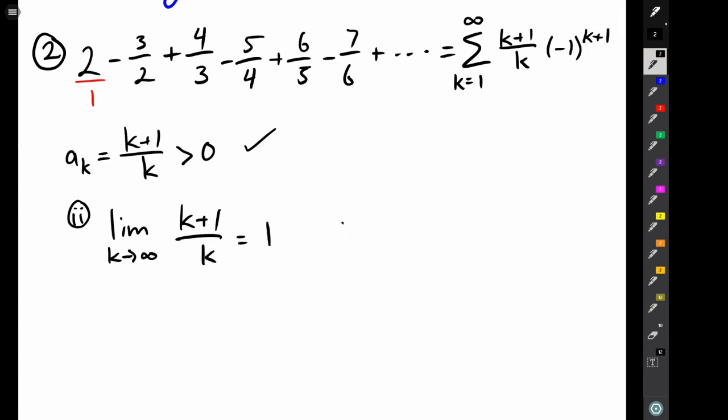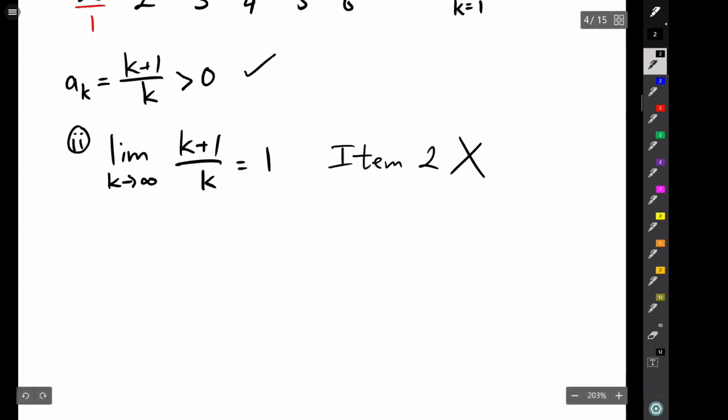So item 2, as I've apparently started calling it, does not pass that. So the alternating series test is inconclusive.